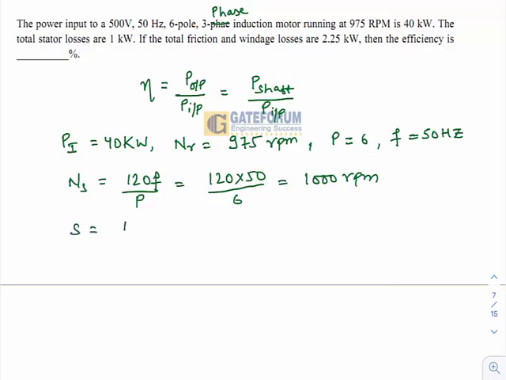So the slip would be equal to Ns minus Nr by Ns. So 1000 minus 975, that is 25 by 1000, and this you will get as 0.025, right? So you know the slip now.